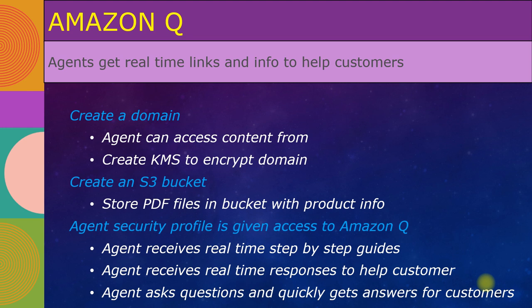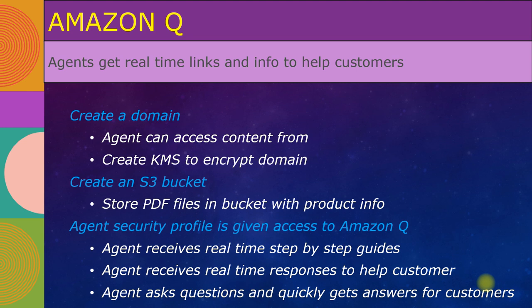Now we talked about this slide. Amazon Q enables the agent to pick up the call or pick up the chat and get real-time information to help the customer. So in order to use Amazon Q, you have to create a domain where you access the content from the domain. You have to create KMS keys to encrypt stuff.